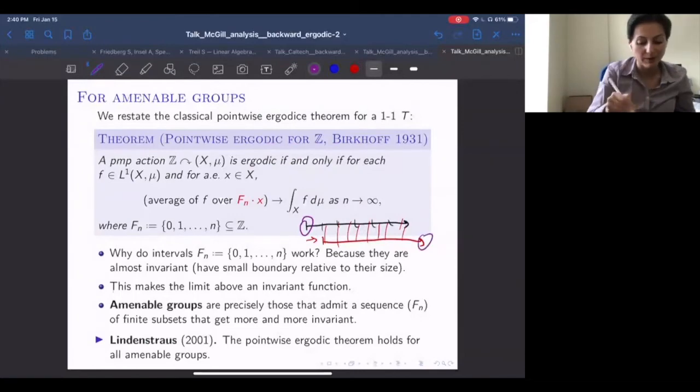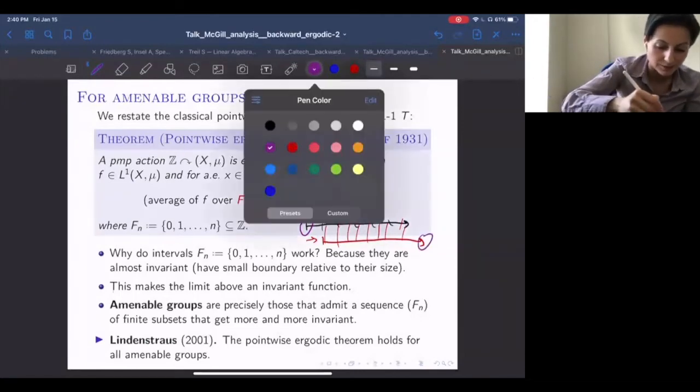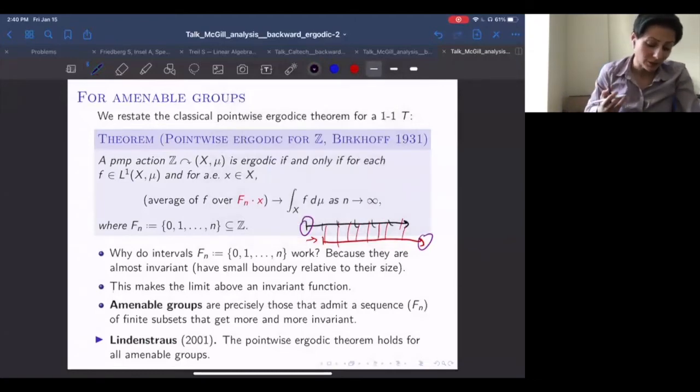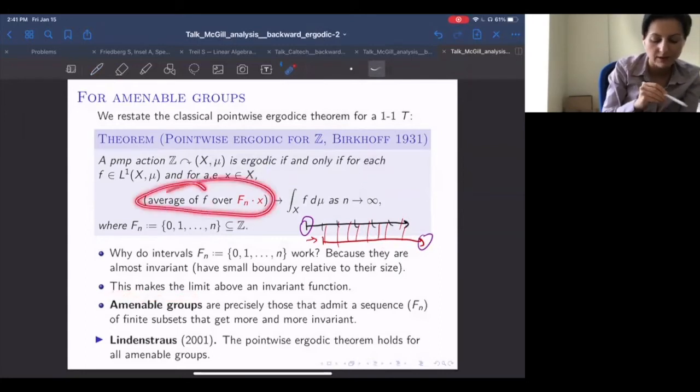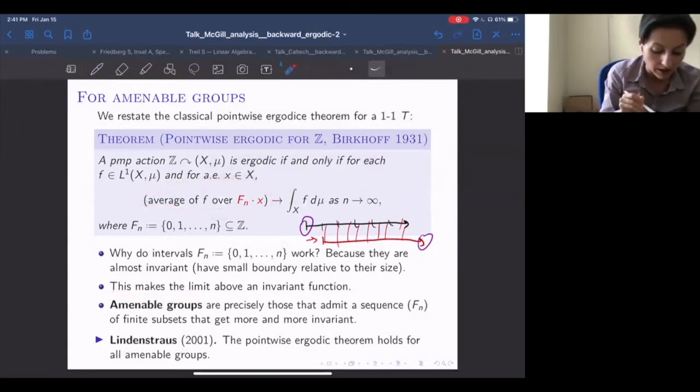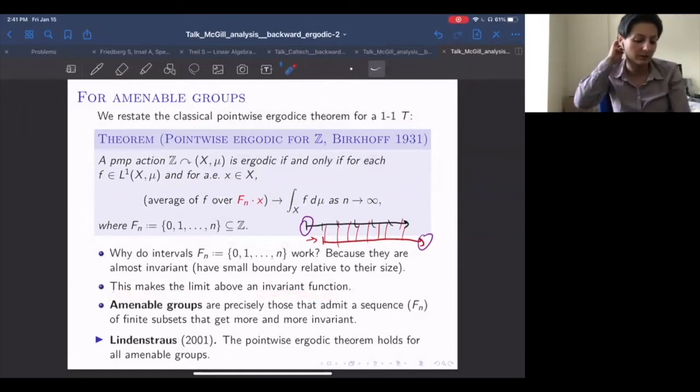But who cares about 2 points over n many points? So the error is negligible. That's the reason intervals work. This makes the limit, or even just the lim sup of this sequence, an invariant function. And that's very important in proving the ergodic theorem.